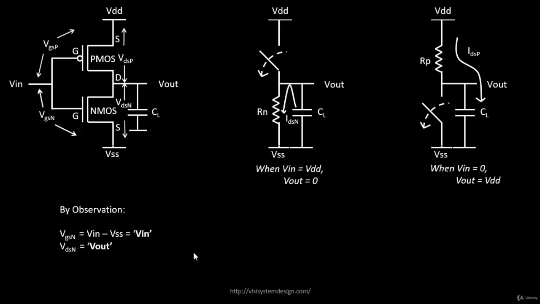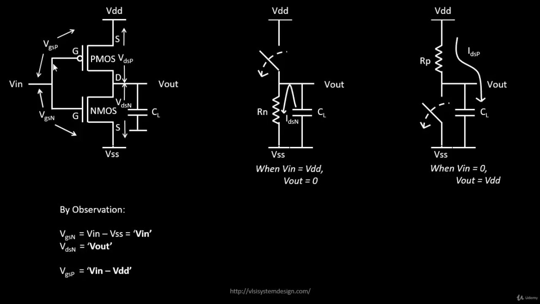The complexity arrives when we actually enter into the PMOS description of the same thing. It's not so complex, but there are some additional parameters that come when we try to analyze PMOS in this scenario. So in this case, VGSP is V in minus VDD. Calculating the gate to source voltage was pretty simple for NMOS because one of the terminals was connected to ground.